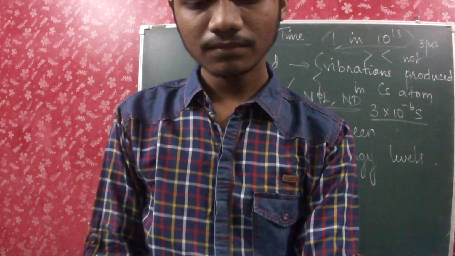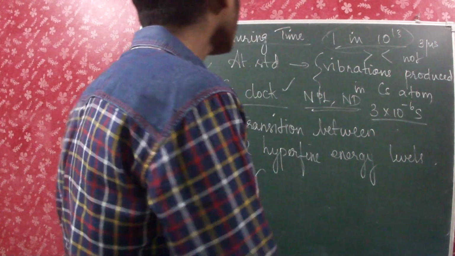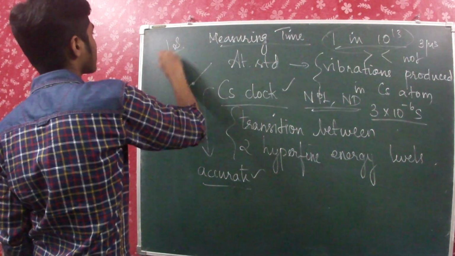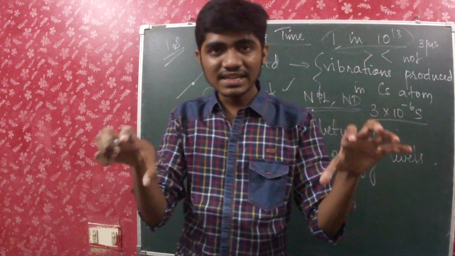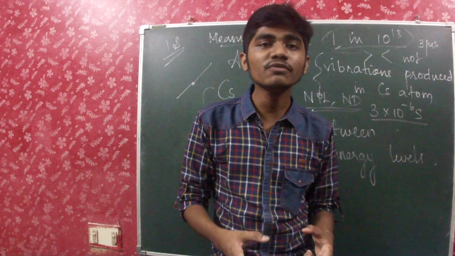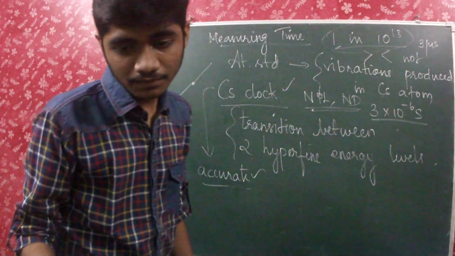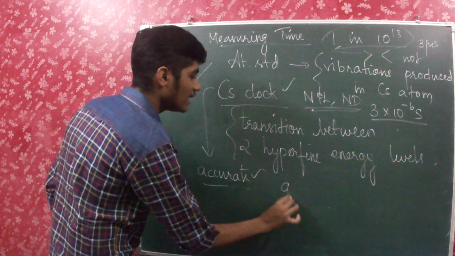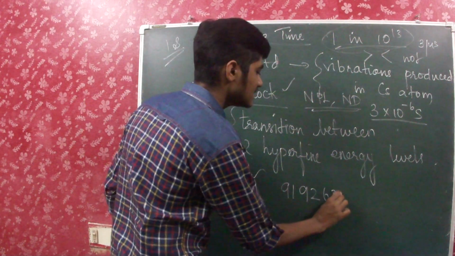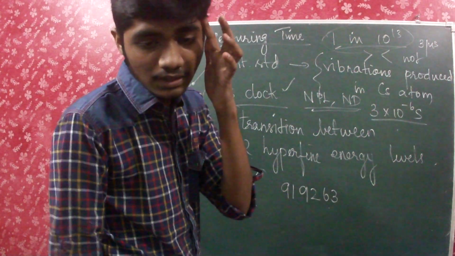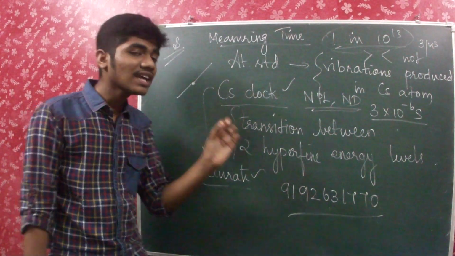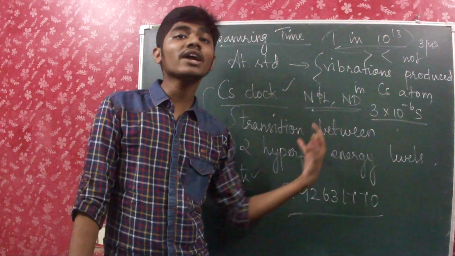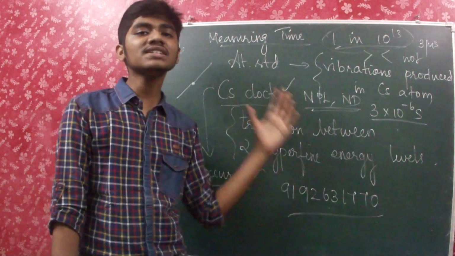Okay, and in cesium clock, we define 1 second as the time taken for 9,192,631,770 vibrations to happen in a cesium atom.